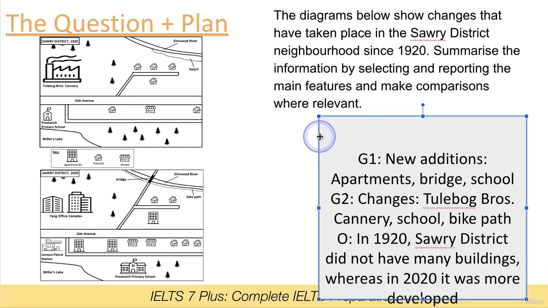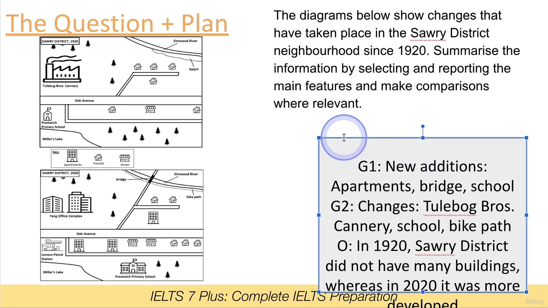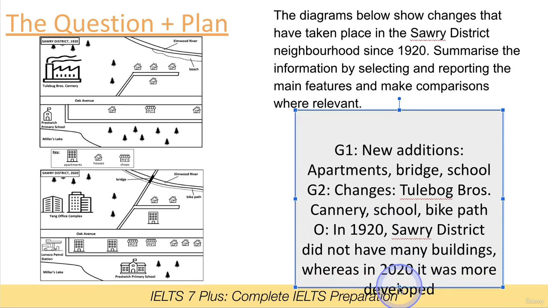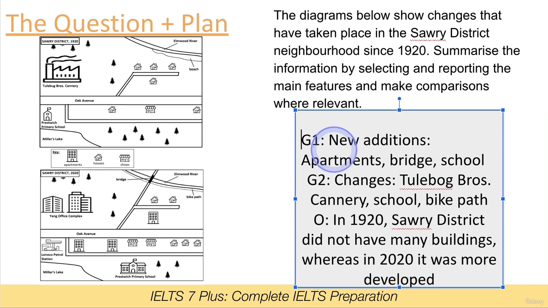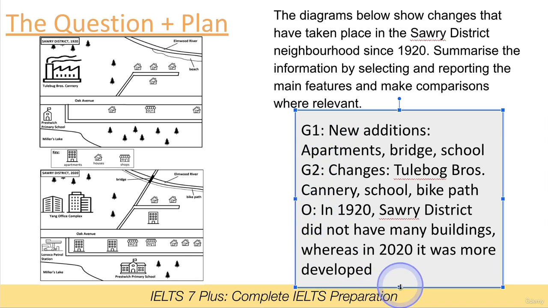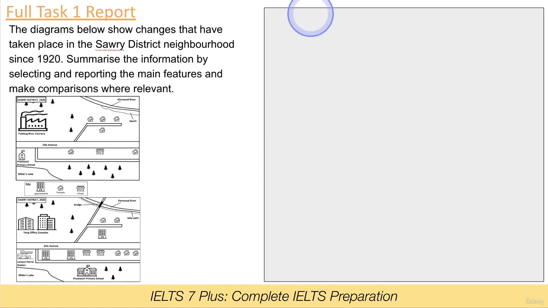We'll obviously expand that a bit more in the essay itself, but there we go. You have an idea of what we can do there. Okay, let's just move this up there. Right, so I think that's good. We've got our two groups and we've got our overview there, so you can see how we've put together our ideas.